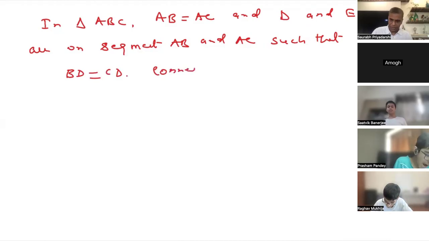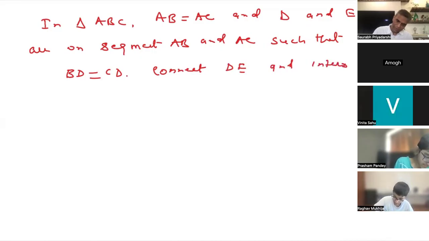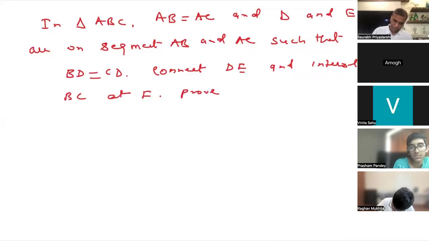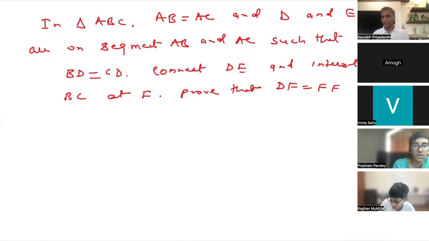Connect DE and extend it to intersect BC at F. Prove that DF is equal to EF.